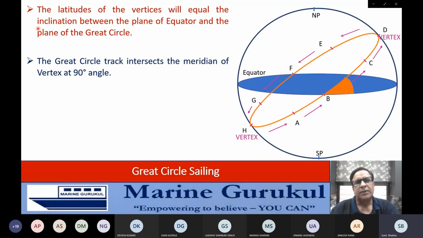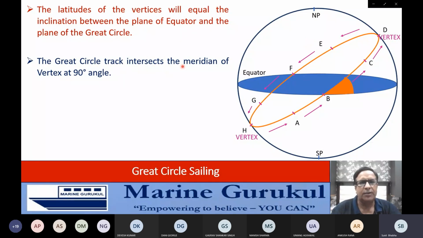The great circle track intersects the meridian of the vertex at 90 degrees angle. This issue has already been addressed when we inferred that the course of the vessel at the vertices would be east or west, or the great circle track shall be east or west at the vertices. And we know these directions are measured from true north, and north-south is represented by the meridian.